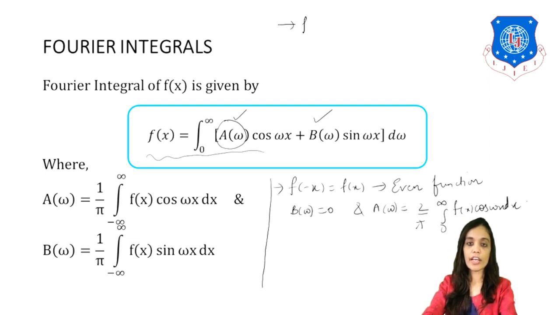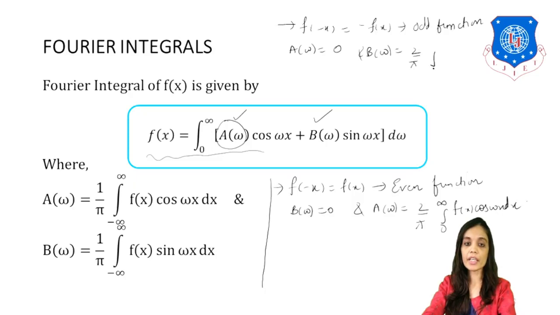Now if f(-x) equals -f(x), that is, if the given function is an odd function, then the value of A(ω) will be 0 and B(ω) will be 2/π integral from 0 to infinity of f(x) sin ωx dx. So firstly you have to check whether the function is even or odd.